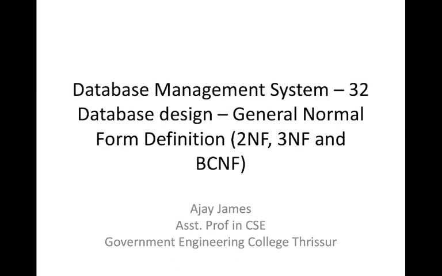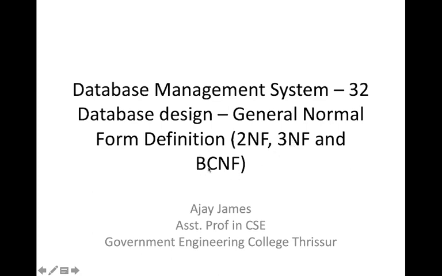For practical situations, the normalization procedure needs to consider not only the primary key, but all the candidate keys. In the previous definitions we considered only the primary key of the relation.